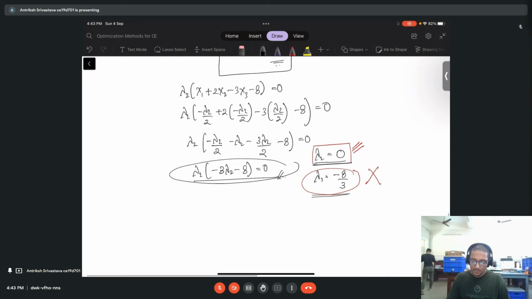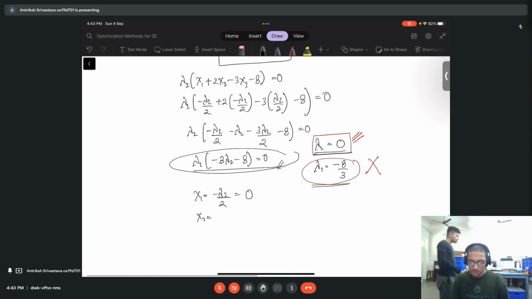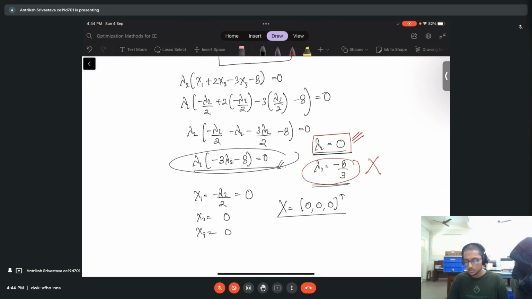So our x1 will be minus lambda 2 by 2, that is 0, x2 will be same 0, and x3 will be 0. So we get our solution vector x as 0, 0, 0.